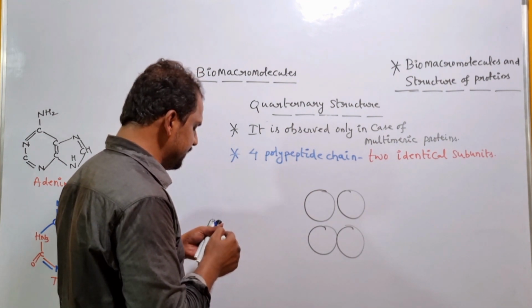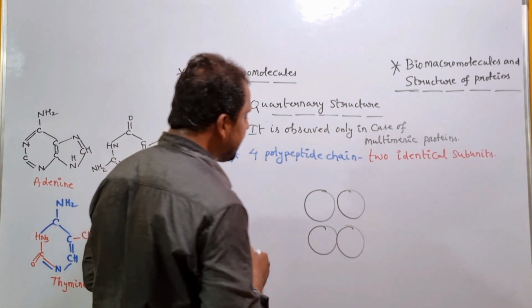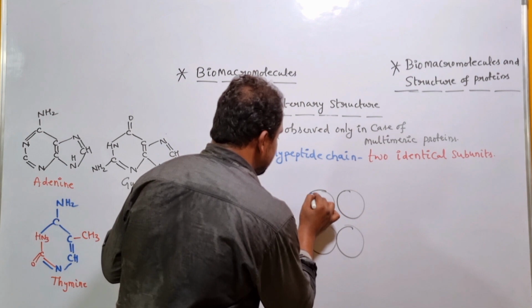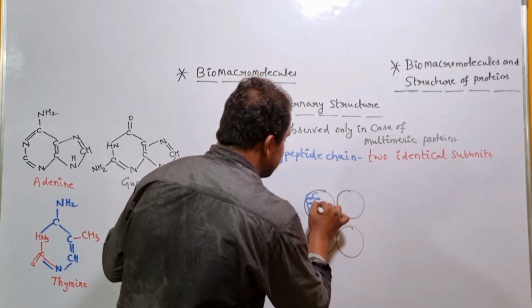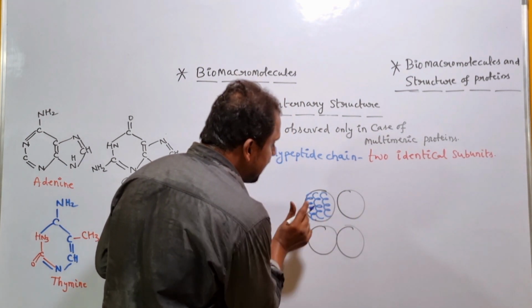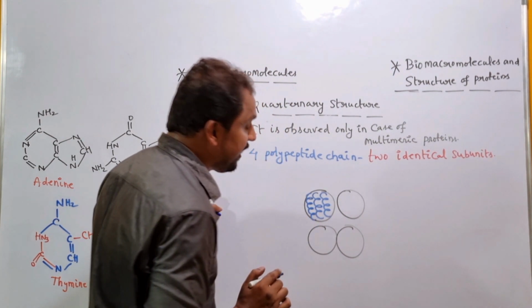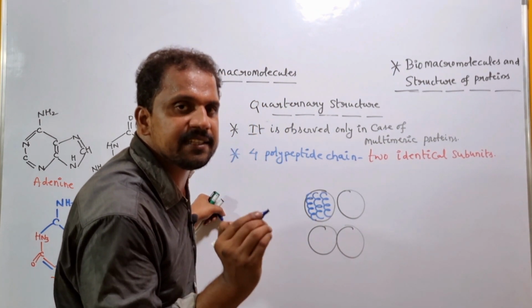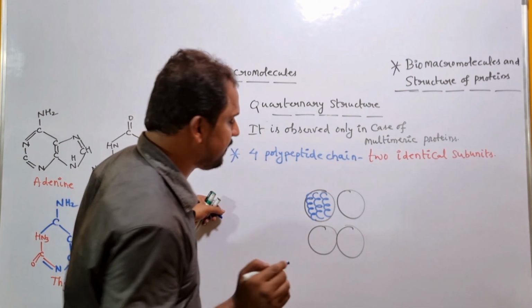One specific subunit may contain strings of spear-like structure. So these are nothing but what? The helical structures, right? And because of the presence of the helical structure, it resembles the shape of strings of spear-like structure. Is it clear?